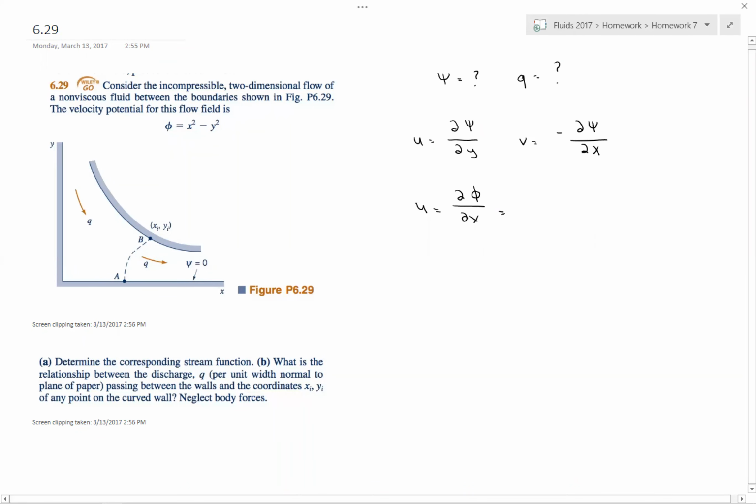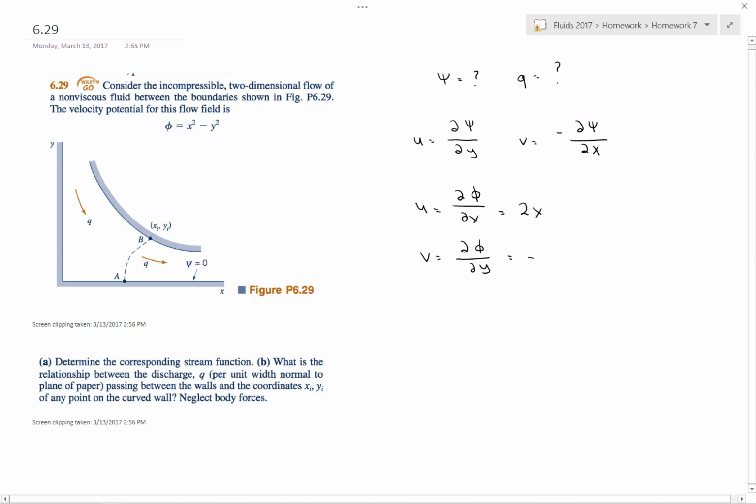So what is d phi dx? And hopefully that's something that, yes. So d phi dx is equal to x, and d phi dy, or 2x, is equal to what? Minus 2y.